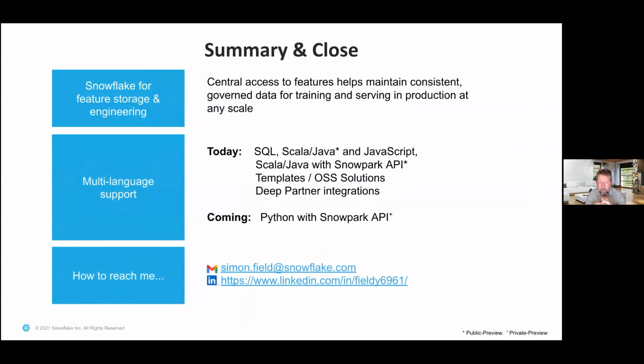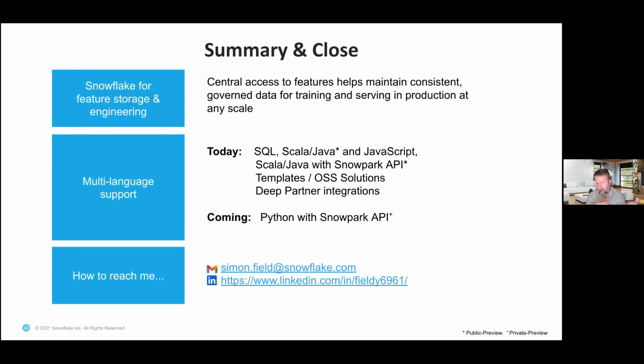And just to close out, Snowflake is providing a bunch of core components and enabling technologies for people to build on top of, whether that's building their own feature store in-house or buying through our services and technology partners that have built on top of these functions as well. So today we support SQL, Java and Scala, JavaScript, through both the functions and Snowpark API.